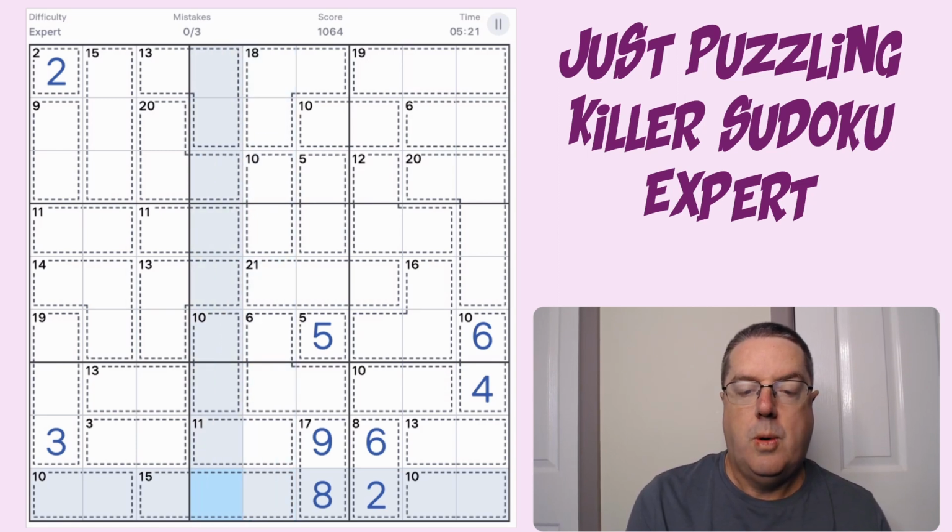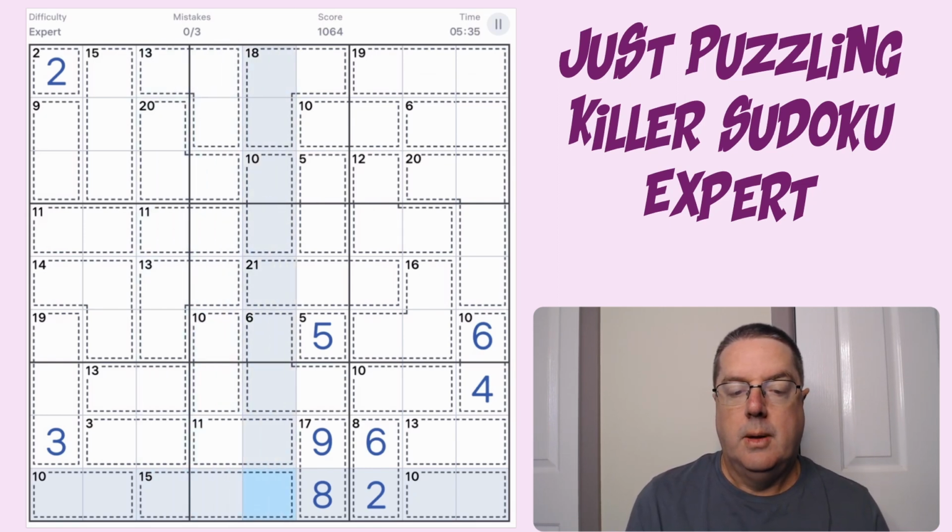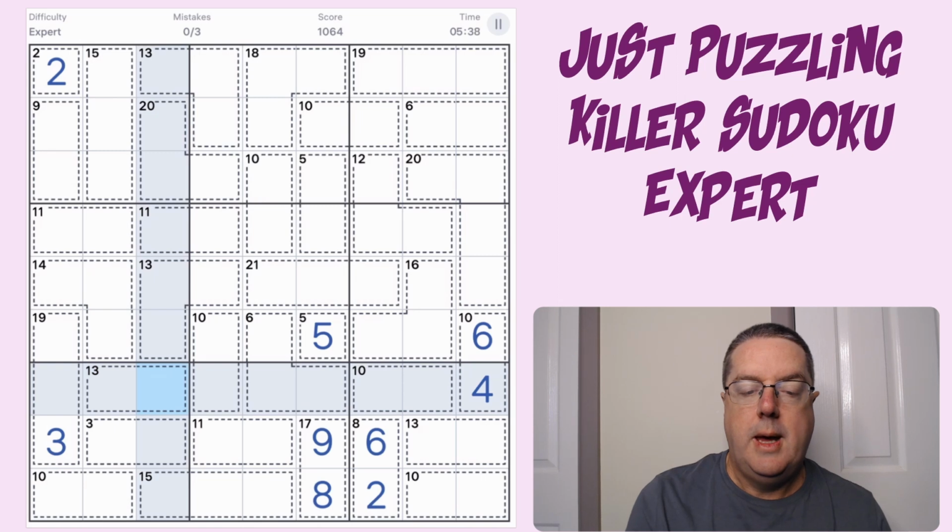If that's a 7, it has to be a 3 and a 5. So 5 is definitely in there, which makes sense because it can't be in those two. So 5 is one of those three. 9 cannot be there. So 9 and 7 is those. So that means that 5 is there. 5 is there. So 5 can go there.